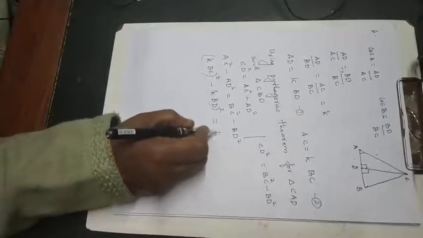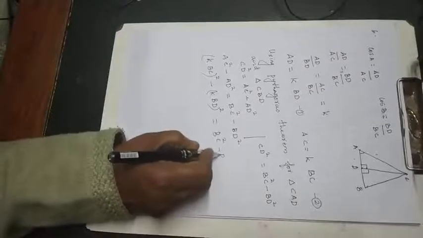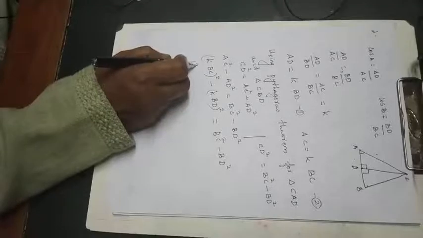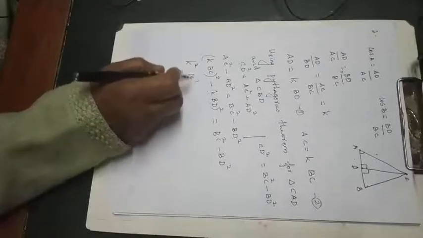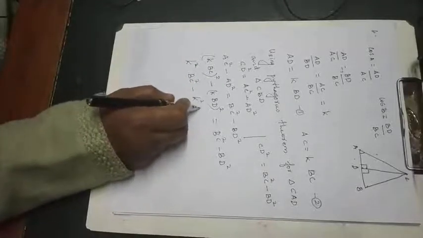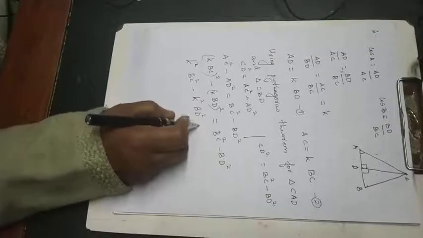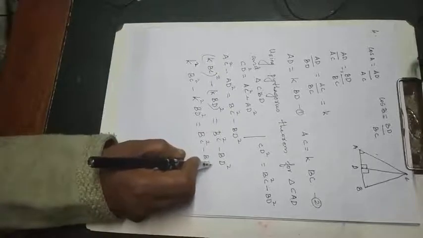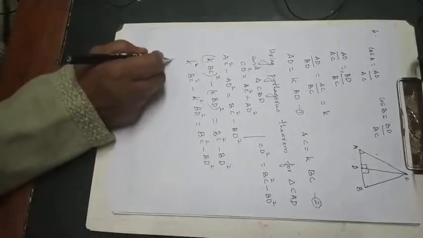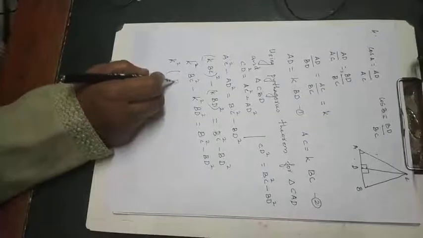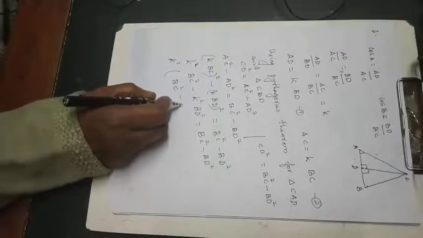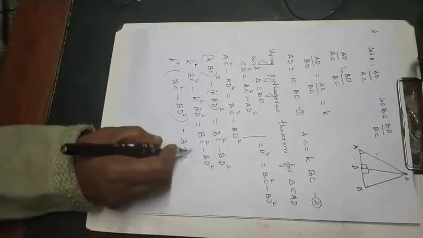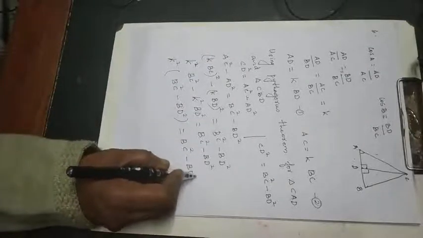That is equal to BC square minus BD square, or K square BC square minus K square BD square is equal to BC square minus BD square. So K square you can take outside. What will remain? BC square minus BD square.